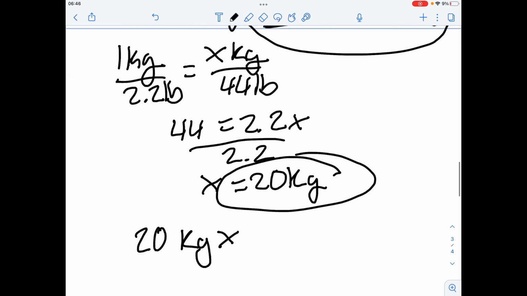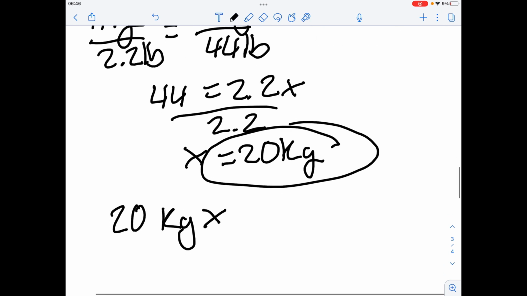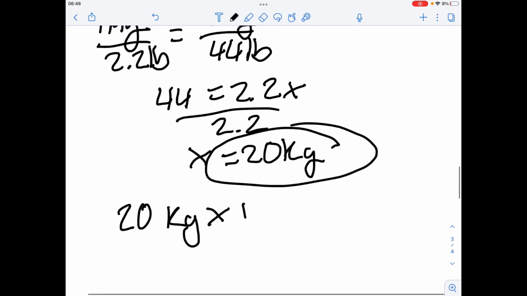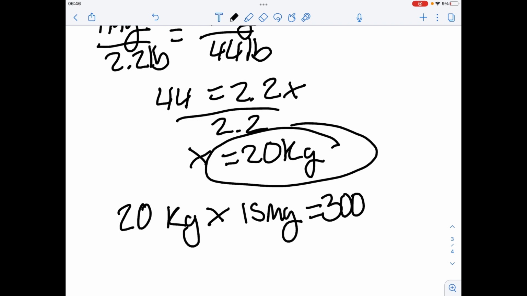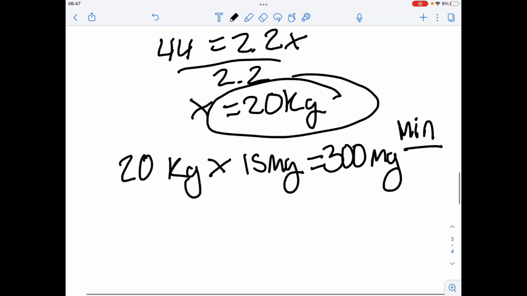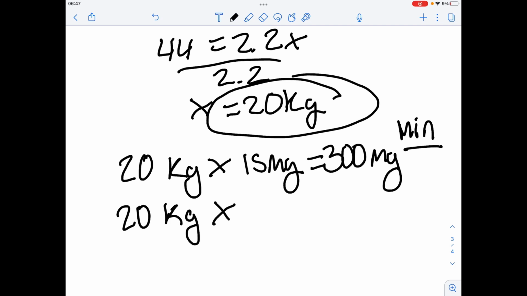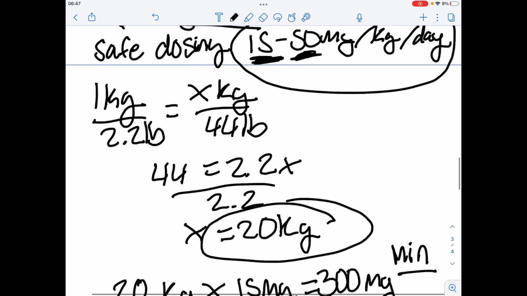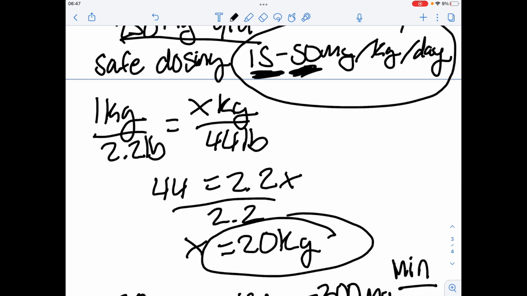So I'm going to take my minimum, 15 milligrams equals 300 milligrams, and that's just for our minimum dose. Now I'm going to take 20 kg times, once again, our 50 milligrams.